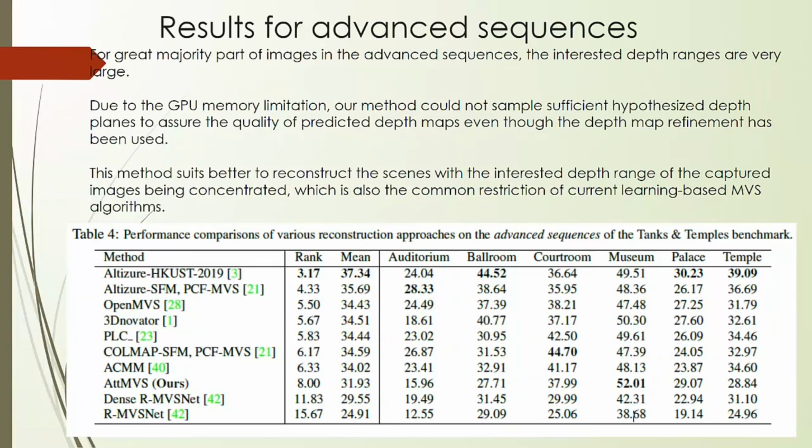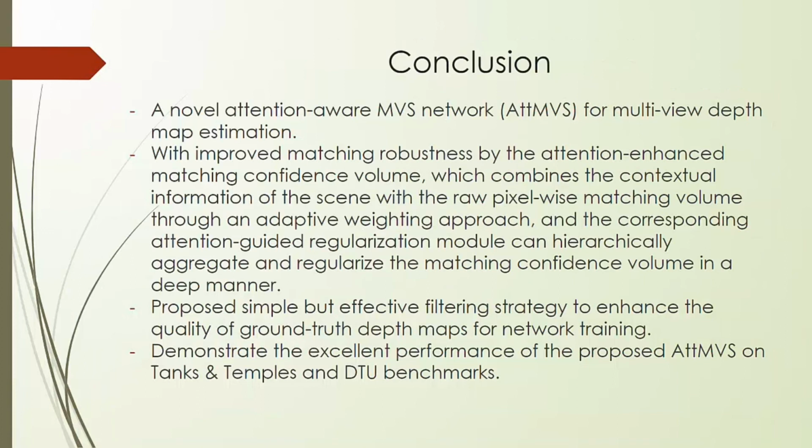An appreciable performance has happened on the advanced sequences as well. But the limitation of the GPU is a negative factor for this model, as it was not able to completely do the advanced sequences.